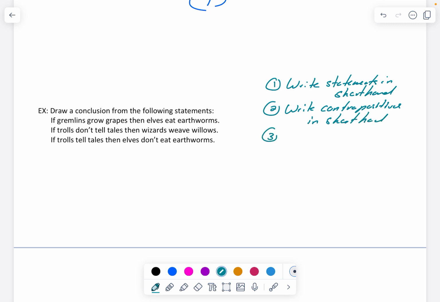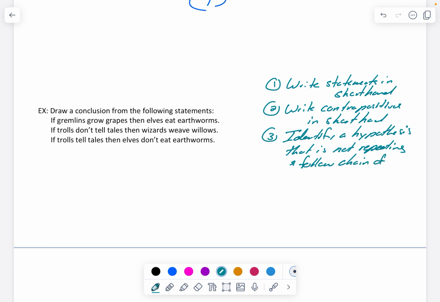And then finally, identify a hypothesis that is not repeating, and follow chain of reasoning. All right, so let's follow these instructions.